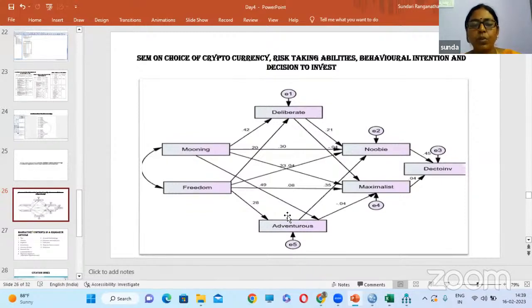Compared to the other category of people, those expecting freedom from control, adventurous risk takers, you can also see some kind of negative score here. And finally, their decision to invest is only 4%. So who's investing? A lot of inference can be drawn from this particular model, and you can give a lot of information to policymakers on who's interested and how they are investing.